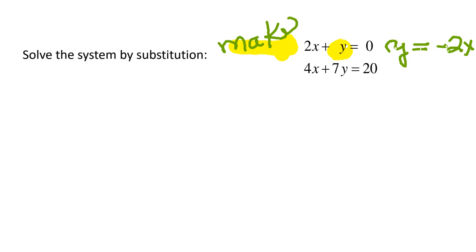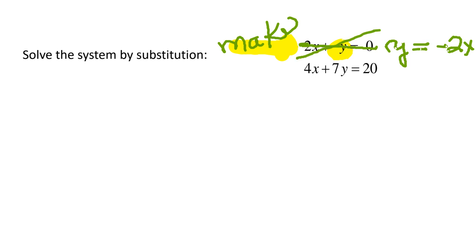Now, I don't want to look at the 4x and 7y, because I'm going to get lots of fractions. Don't want that. But I have a y that has a positive 1 coefficient. Can I make that positive y by itself? Yes. Now, the minute I do that, I no longer look at this equation.